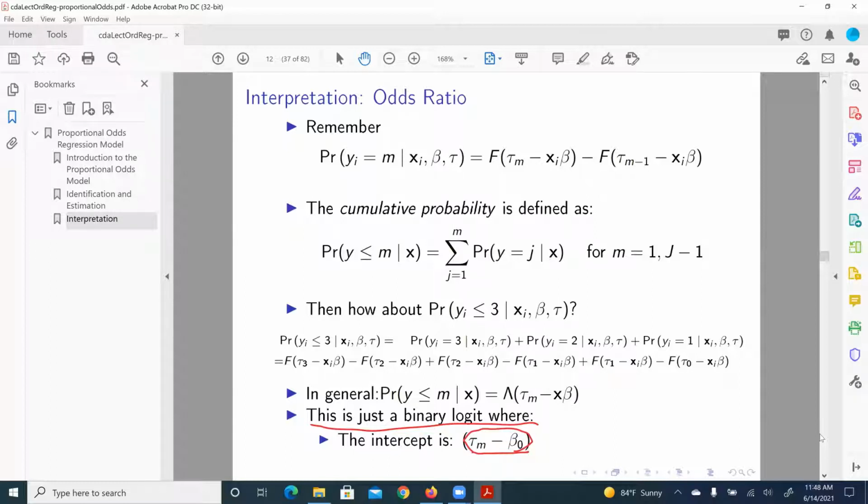What we'll have is an intercept combined of tau m minus beta 0. And the tau m and beta 0 are unidentified, but the combined term is identified. And usually we would omit beta 0. Okay, we will use tau m as the intercept. And the slopes are negative beta k, negative beta k.